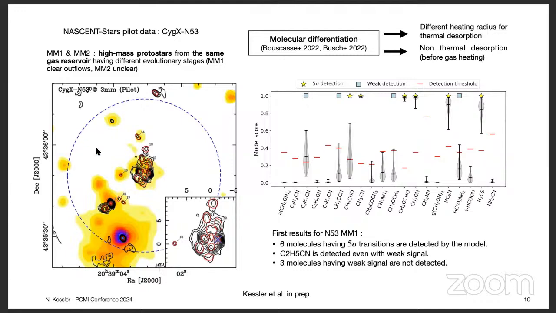For the spectrum extracted towards MM1, we have 6 molecules that are retrieved that have a 5 sigma detection. For the 4 other molecules that have a weak detection, the model does not detect them but one. Of course, we do not expect the model to retrieve them because they do not meet the detection condition.